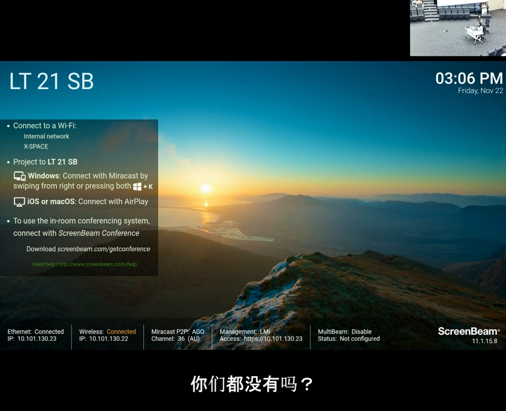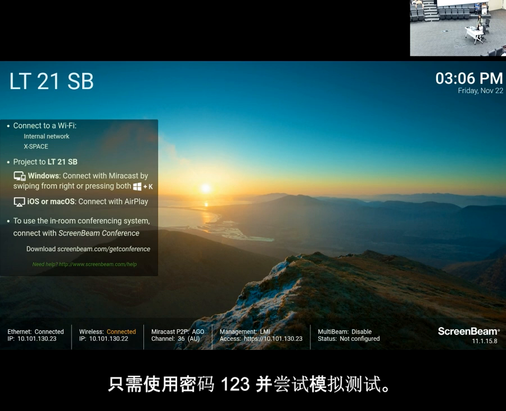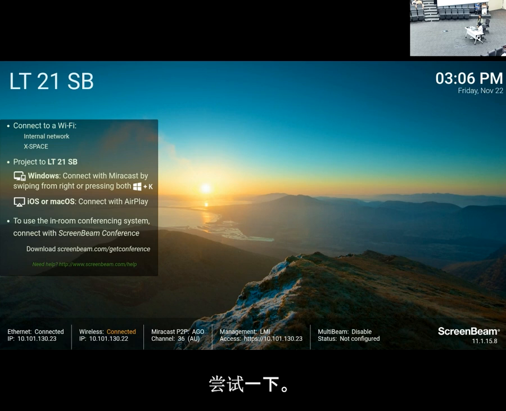None of you? Then you can try the mock test. Just use the password 123 and try the mock test. Try attempting it. Once it is downloaded, you will install it, and then you will try to do this mock exam.